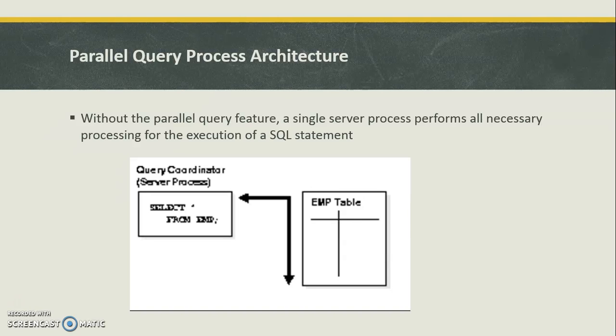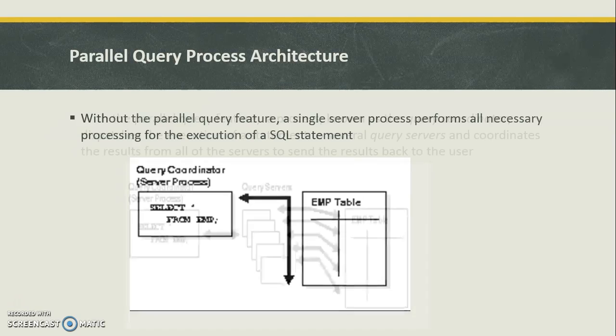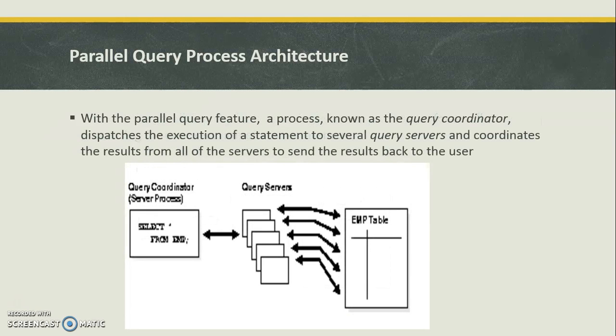Now, we will see the parallel query process architecture. The parallel query feature allows certain operations, for example, full table scans, to be performed in parallel by multiple query server processes.